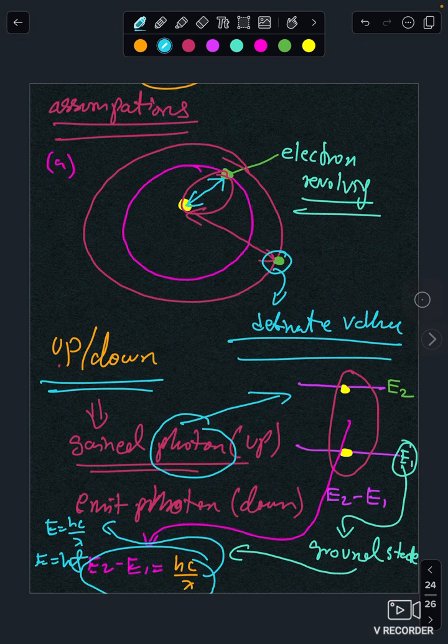Then one more assumption: in stationary orbits, the angular momentum of the electron about the nucleus is an integral multiple of the Planck constant divided by 2 pi.